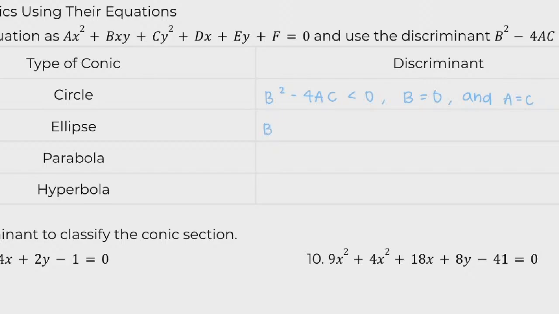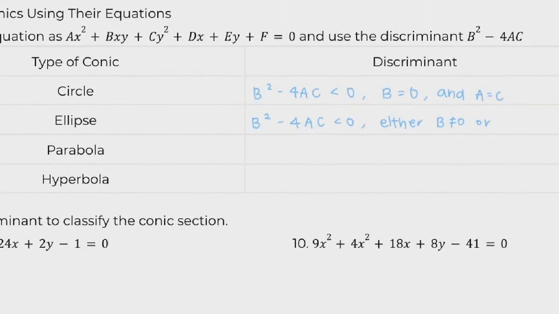It'll be an ellipse if b squared minus 4ac is less than 0, and either b doesn't equal 0 or a doesn't equal c.